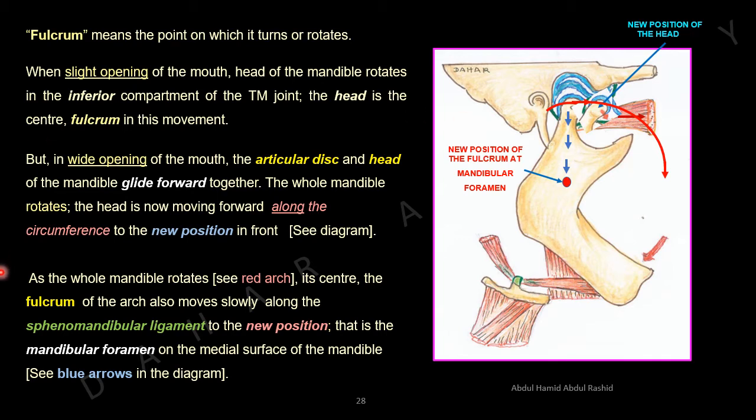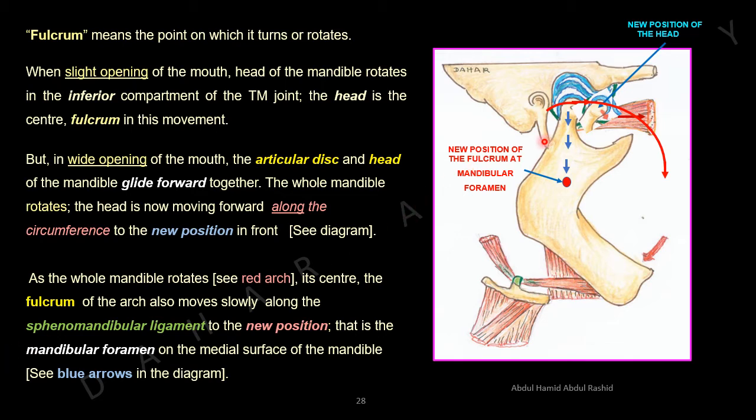As the whole mandible rotates, see the red arch, its center, the fulcrum of the arch, also moves slowly along the sphenomandibular ligament to the new position. That is the mandibular foramen on the medial surface of the mandible.